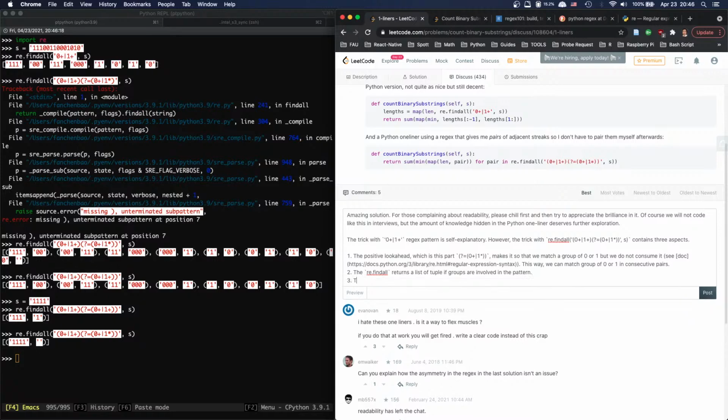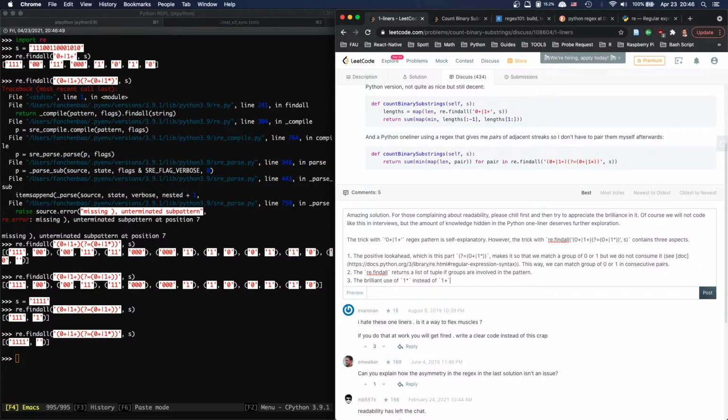3, the brilliant use of 1 star instead of 1 plus in the end, in the regex pattern.